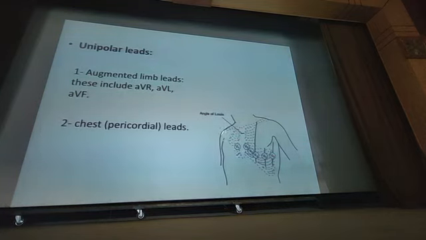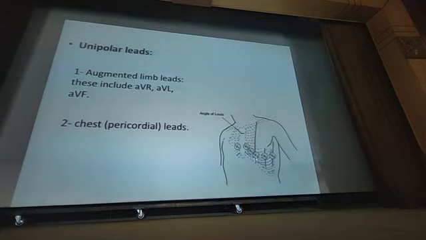Which one of them has higher amplitude or higher voltage or higher potential? V4. Why V4?